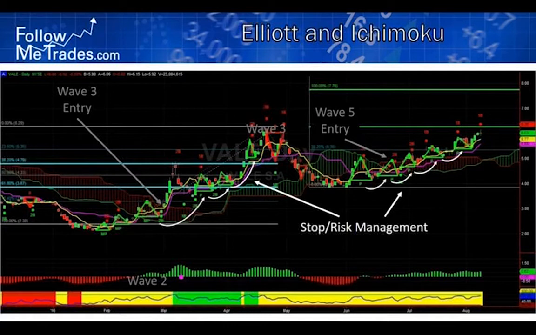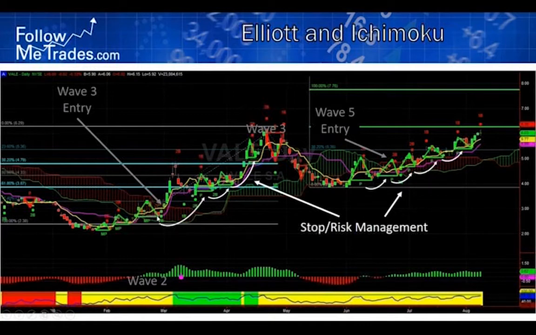When we identify an entry, we also identify an initial stop price, and we take the difference between the stop and the entry, and that's our risk. And then we divide that into the maximum amount of money we're willing to lose on the trade, 2% of our account, and that tells us how many shares to buy. Okay, pretty simple math.